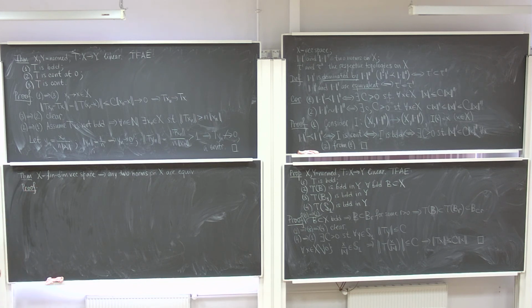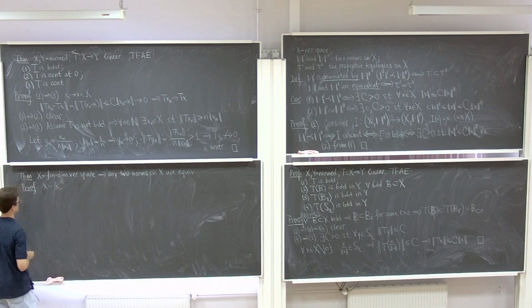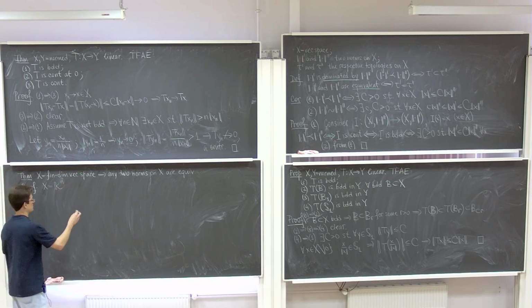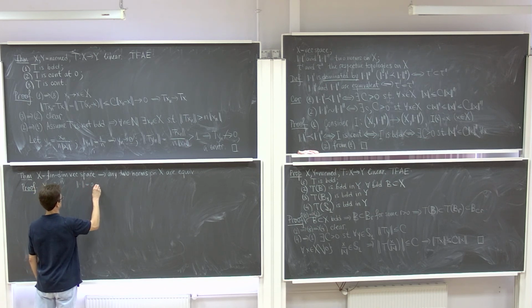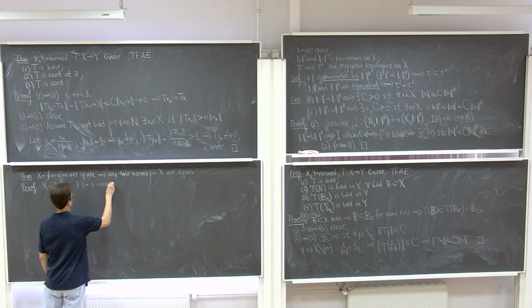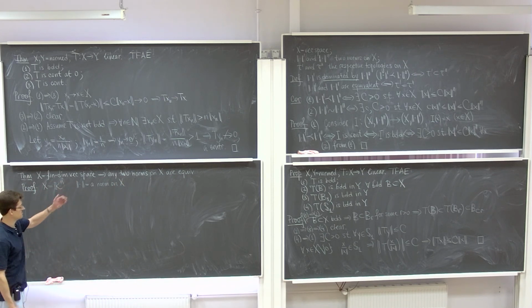Well, to prove this result, without loss of generality, we may assume that X is just K^n, because each finite dimensional vector space is isomorphic to K^n. We take an arbitrary norm, and to prove this result, it suffices to show that an arbitrary norm is equivalent to the Euclidean norm.